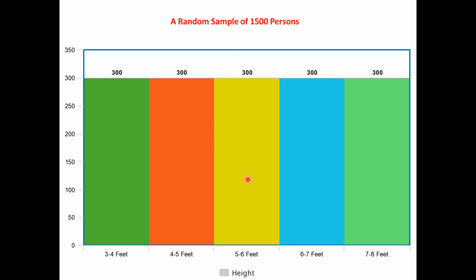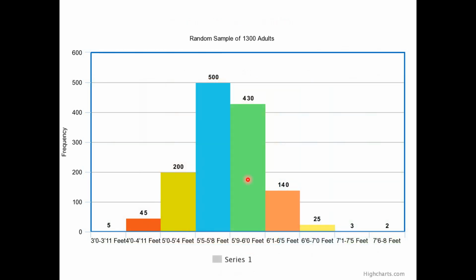So when we make a distribution in such types of cases, they follow not a uniform distribution as we had seen in the case of coin flip. They would resemble something like this, that people between 5 feet 5 inches and 5 feet 8 inches are 500.